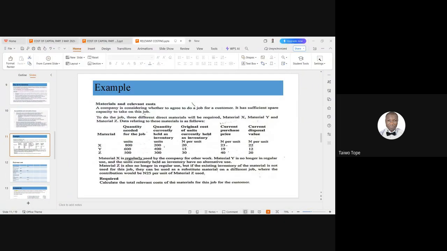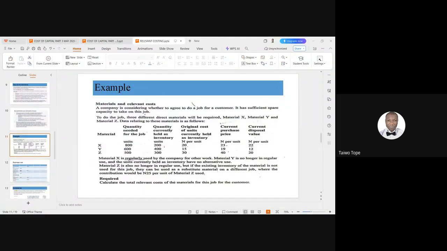But if the existing inventory of the material is not used for this job, you can see another dimension. They can be used as a substitute material on a different job, where the contribution would be 25 naira per unit of material Z used.